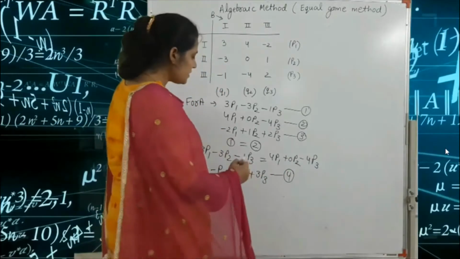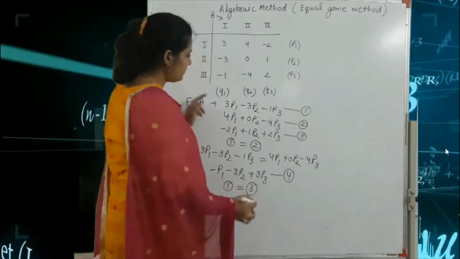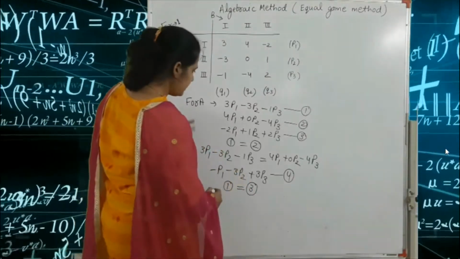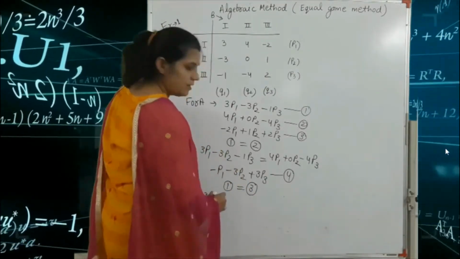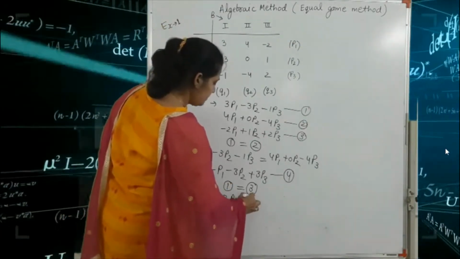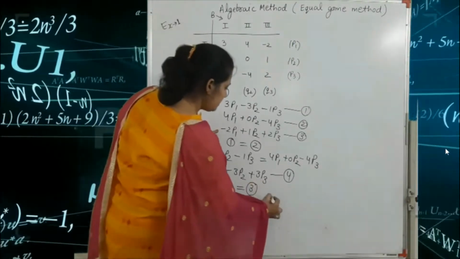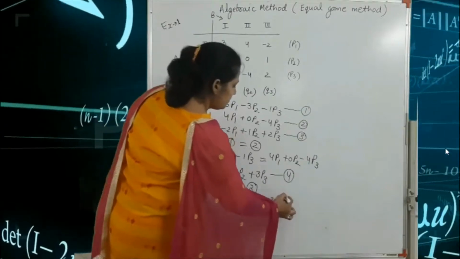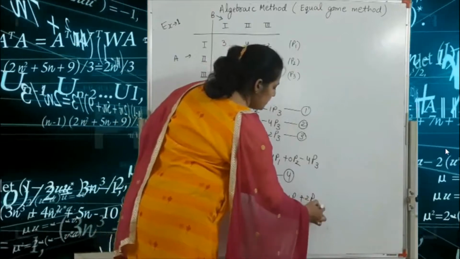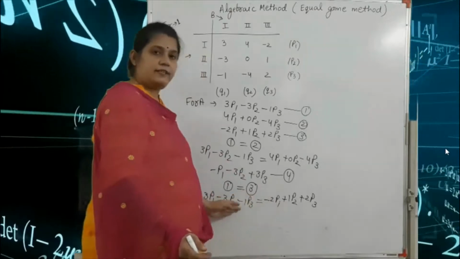Next, we consider equation 1 equal to equation 3. That means the first equation is equal to the third equation. So 3P1 minus 3P2 minus 1P3 is equal to the third equation, minus 2P1 plus 1P2 plus 2P3. Again we take these terms to the left hand side.